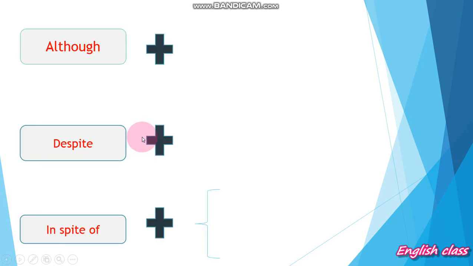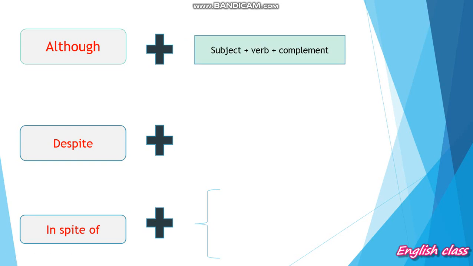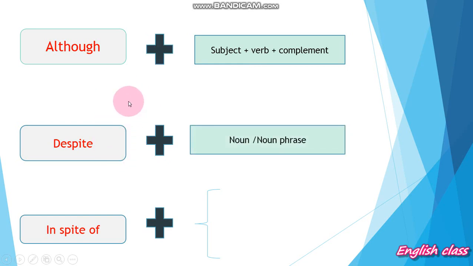Now let's summarize this in a chart. So when we use the linking word although, it should be followed by what? Great. Subject, verb, and complement. So although Taha Hussein was blind, he became a famous writer. Now if you want to use despite, it should be followed by what? Noun or noun phrase. So despite his blindness, Taha Hussein became a famous writer.